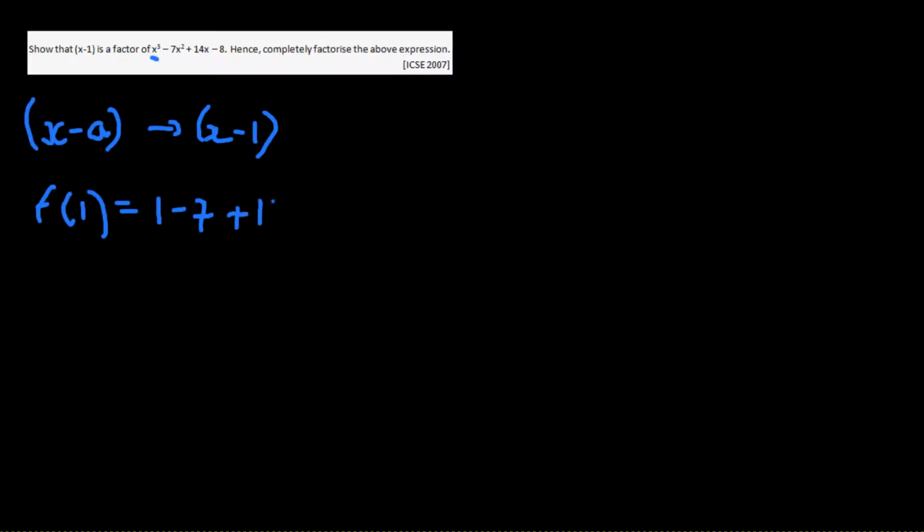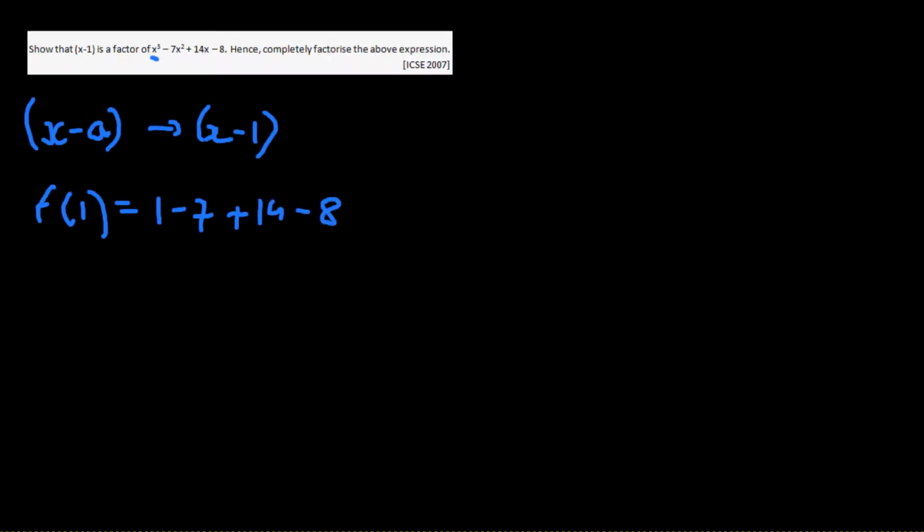X minus a, compare it to x minus 1. So you can see that a is equal to 1. So let's take f of 1 in that expression we've been given here. So it's 1 cube, which is 1, minus 7x squared. X squared is 1, so minus 7, plus 14x, x is 1, so plus 14, and then a minus 8.